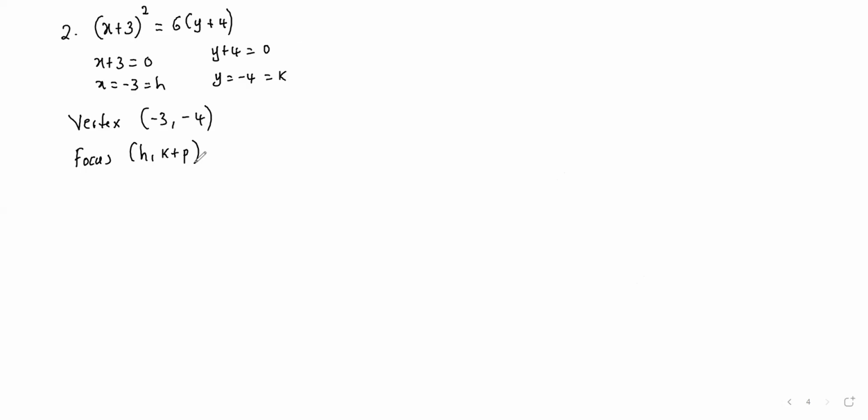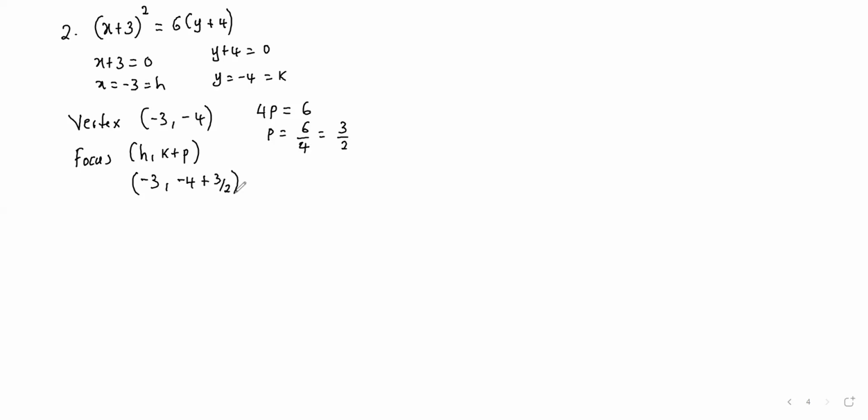So it means that we need to find p. So what is p? We do 4p is equal to 6. So p is equal to 6 over 4, which is equal to 3 over 2. So now we have our h, which is -3, comma our k, which is -4, plus 3 over 2.